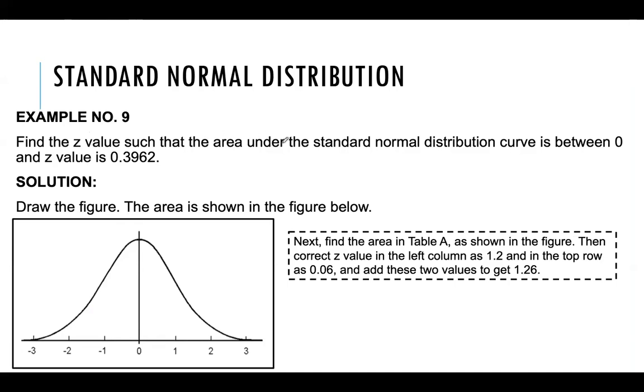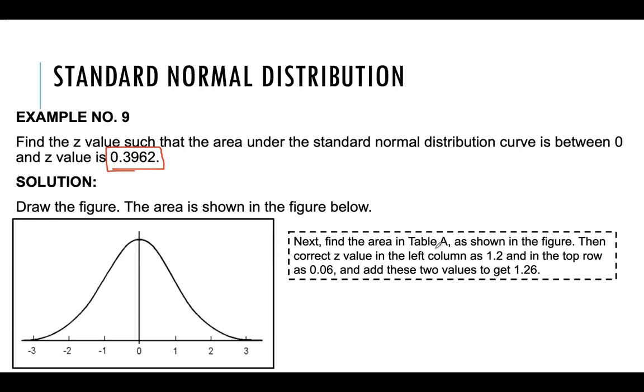Find the z value such that the area under the normal distribution curve between 0 and the z value is 0.3962. So what is given is the area, and what we need to find out is the z value.